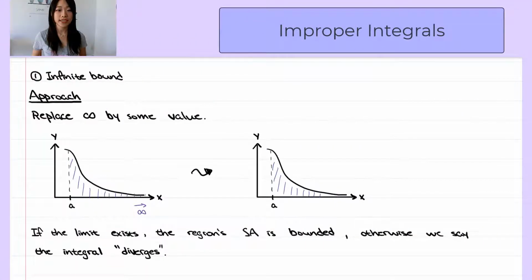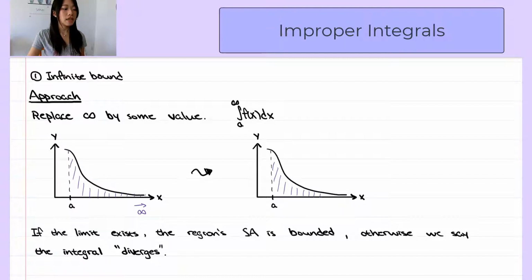Let's start with the first type, when you have infinite bound. The approach here is to replace the infinity by some other value, and take the limit as the value goes to infinity. For example, here I have the integral of f of x evaluated from a to infinity.